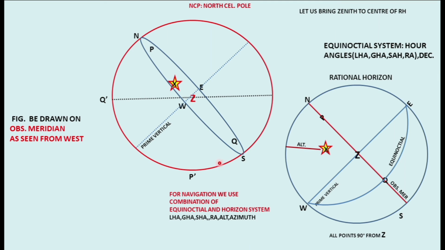Altitude we talked about: the arc of the vertical circle from the rational horizon to the center of the body. So ZX is 90 minus altitude, because all points are 90 degrees from the rational horizon. And the angle at zenith contained between the observer's meridian and the vertical circle is the azimuth. So these are the coordinates used in the rational horizon system.